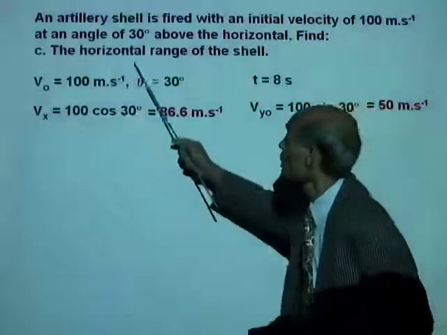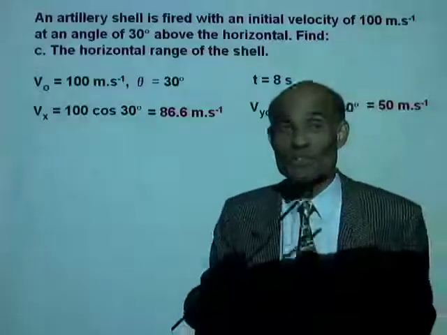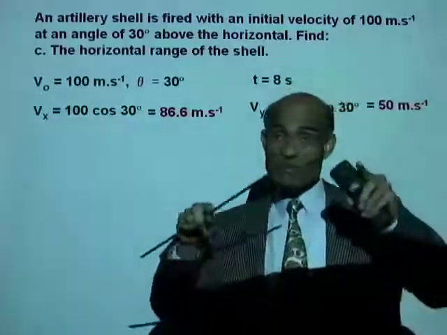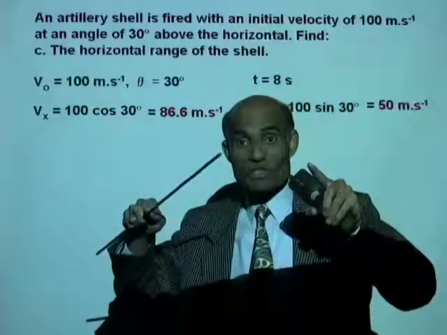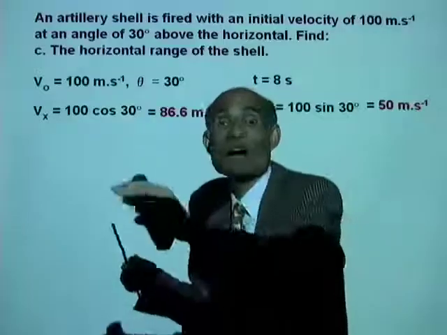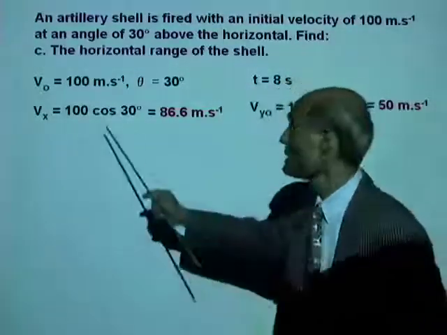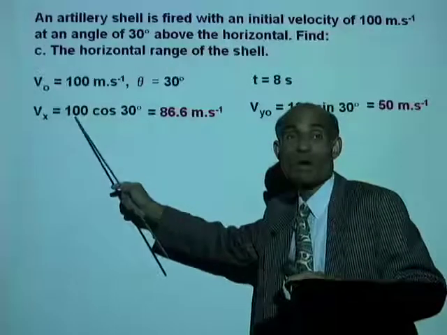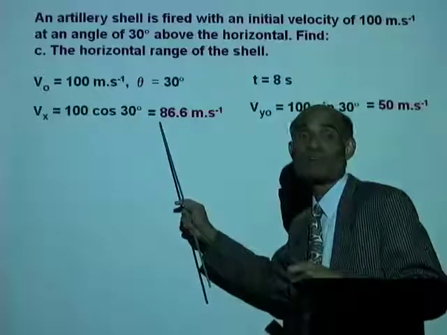What is the horizontal range of the shell? The horizontal range is the horizontal distance traveled by the shell, which is the horizontal velocity multiplied by the time of flight. And what is the horizontal velocity? This is the horizontal velocity, Vx equal to 100 cos 30 degrees, and you know its value.